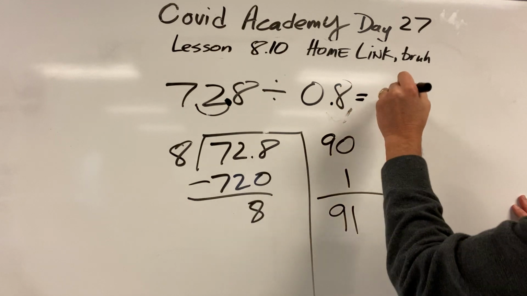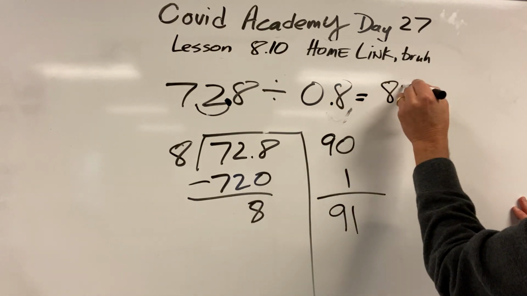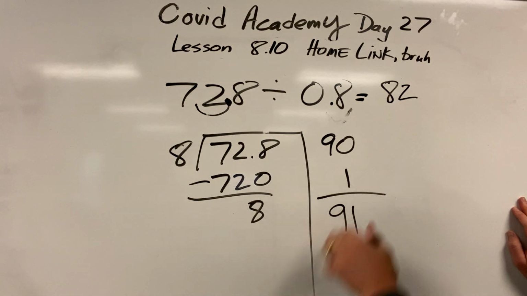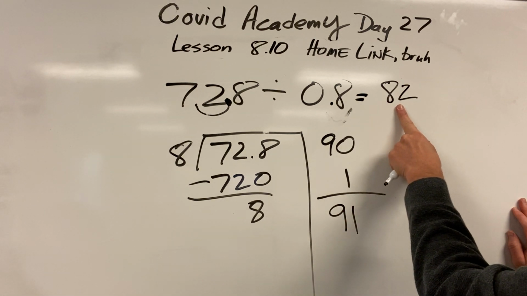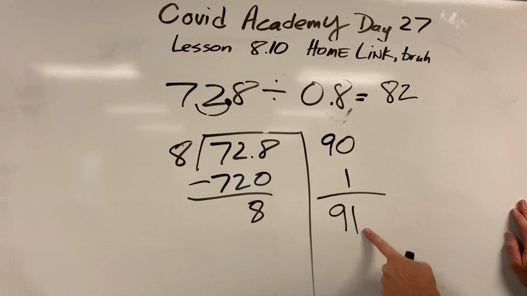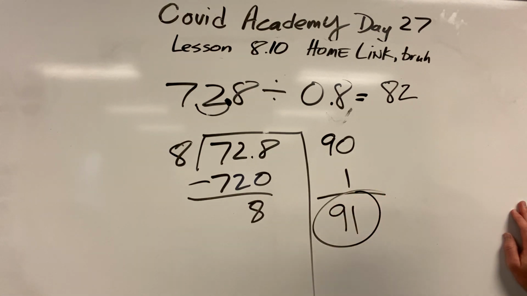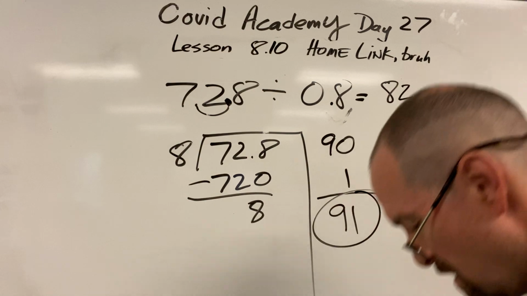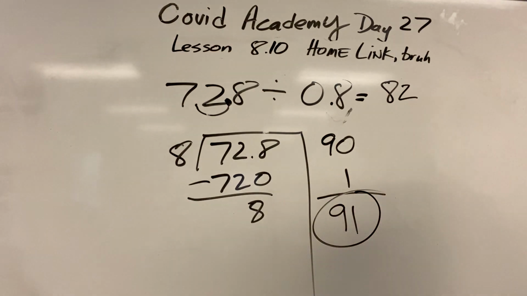So I'm going to guess 82. That's a little bit bigger than 72, right? That's my guess. So if I know my answer has to be near that, then the answer is 91. I don't have to do anything with the decimal because I moved them both 1 over. Okay, so the answer is 91.